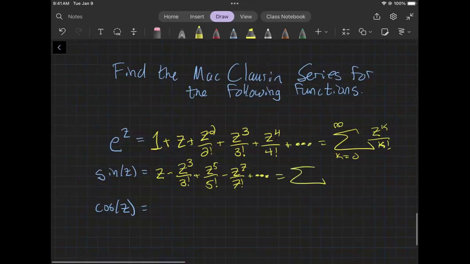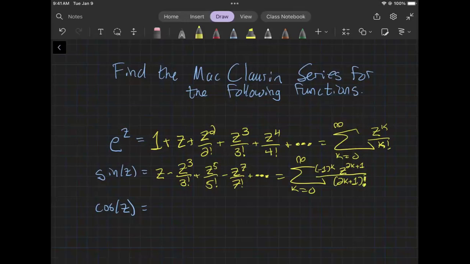And this series representation looks like this: the signs are alternating, the exponents on z are odd, and the factorial number is odd as well, right? 2k plus 1 factorial.